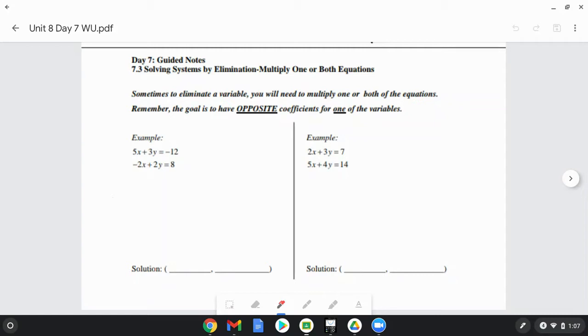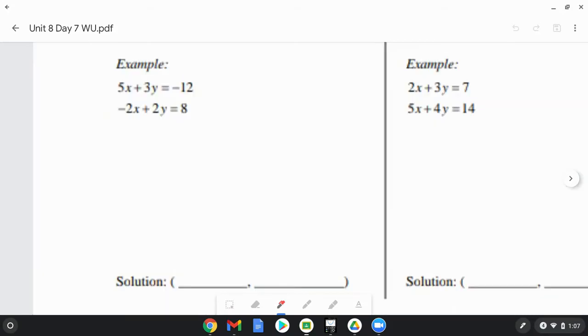The easiest way to do this is to eliminate the x's, or whatever's on the left side. So if we just take the number that is on the top x and multiply it by the bottom, and the number that's on the bottom and multiply it by the top, and make sure that they're opposites as far as the sign goes, then you're always going to be able to cancel out those first variables.